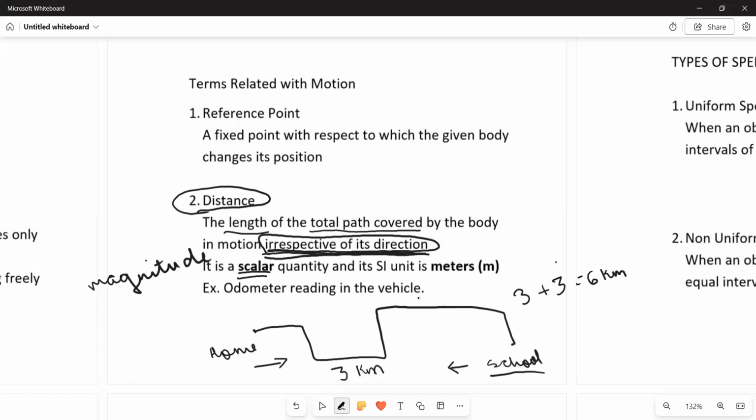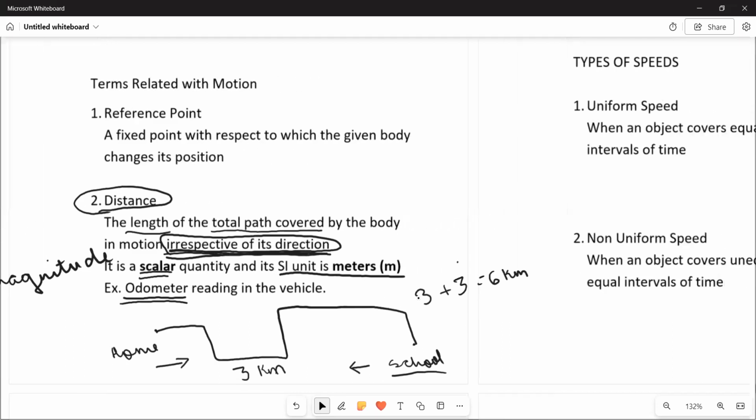And to measure the distance, we use its standard unit as meters. Okay, so to measure the distance between any two points, we use the odometer. This is a very important meter which is given in every vehicle. The instrument used to measure the distance is the odometer.